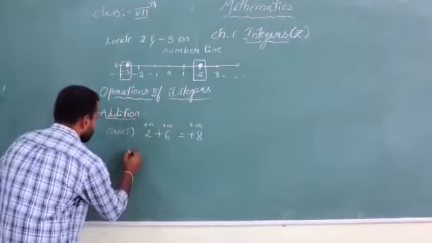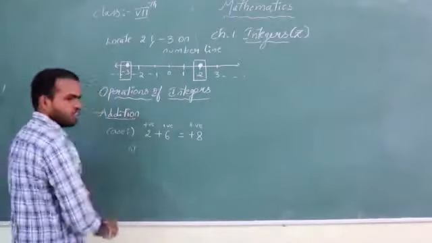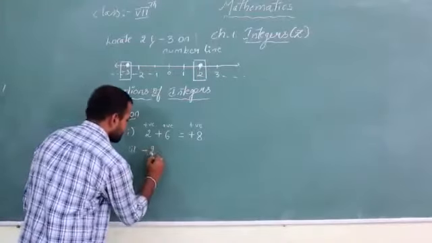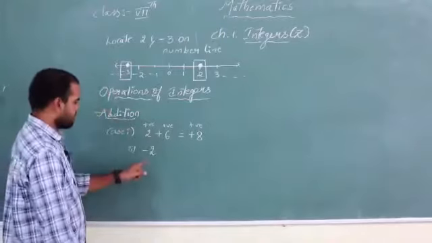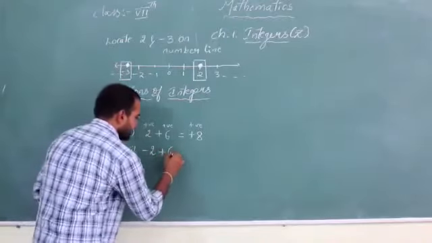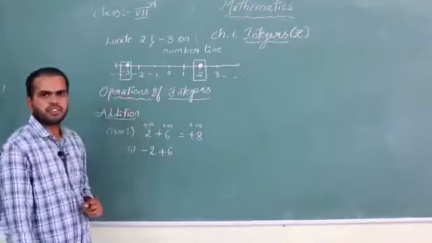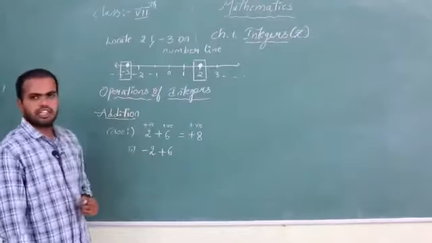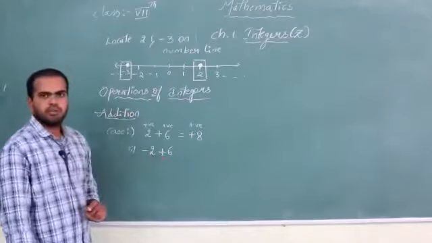Okay, so now let's go to another case. Now I am going with case 2. So now I am taking the first number as negative, minus 2, and the second number I am taking positive, 6. So one number I took negative and one number I took positive.